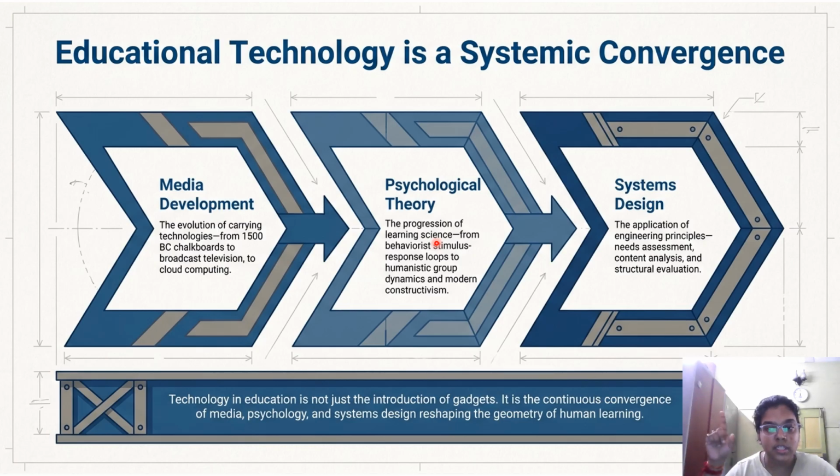I have discussed that, so you will be able to relate. So there, the progression of learning science from behaviorist stimulus response loops towards humanistic group dynamics, and modern constructivism.